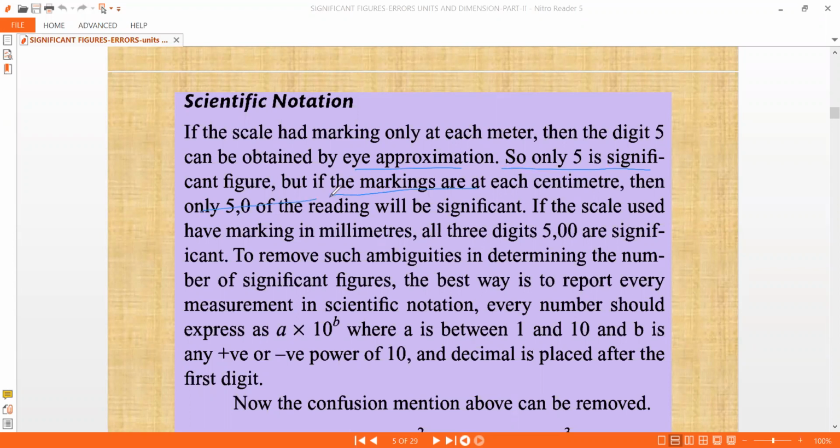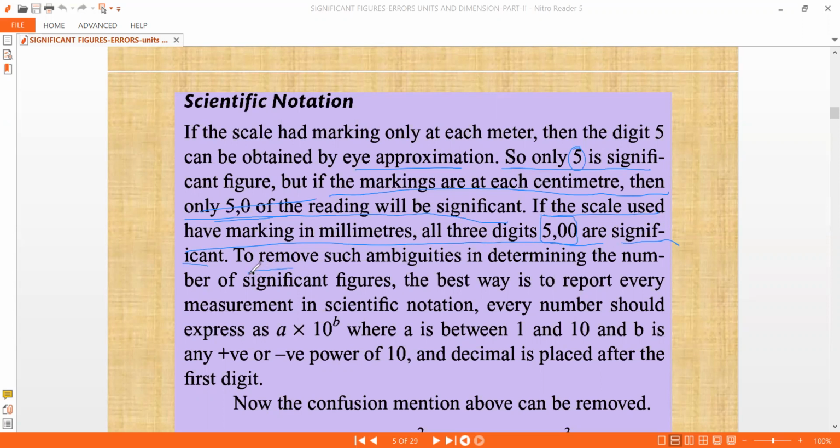But if the markings are at each centimeter, then 5, 0, is significant. If the scale has markings in millimeters, then all the digits 500 are significant, if at all you have taken the measurement including the millimeters.